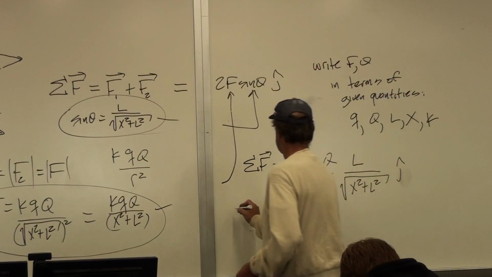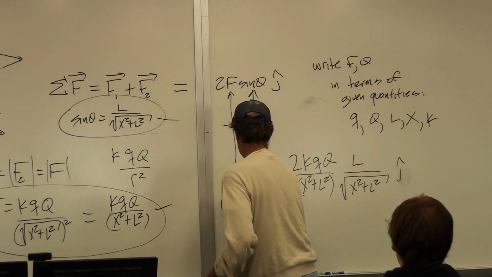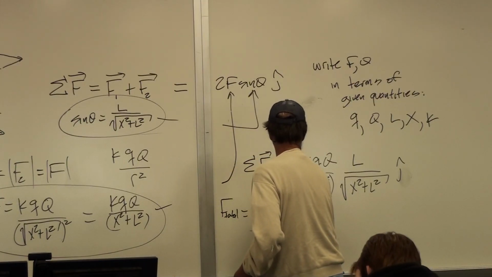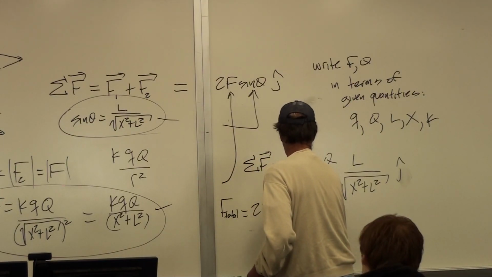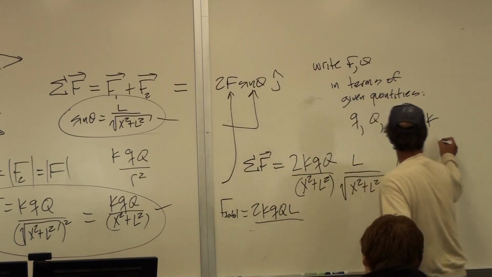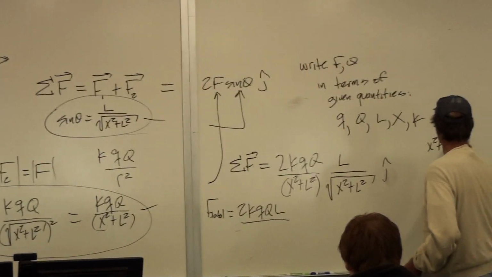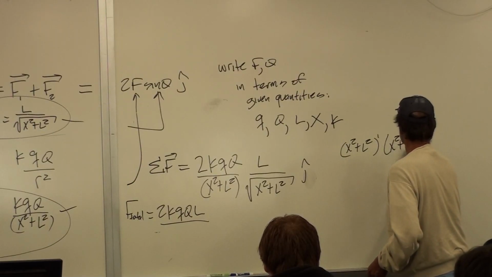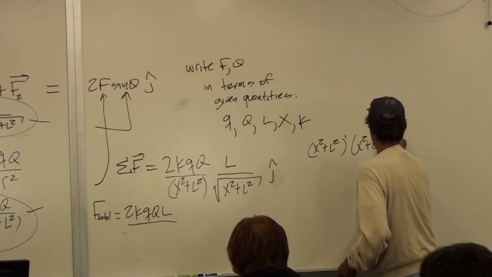So we can write this then as F total equals 2k little q big Q L divided by, and then this is x squared plus L squared to the 1 times x squared plus L squared to the 1/2.